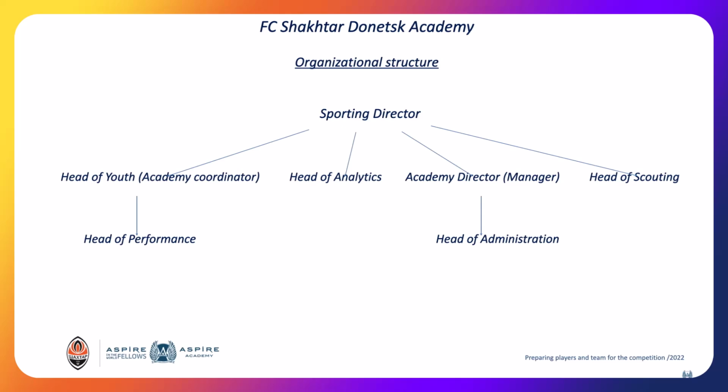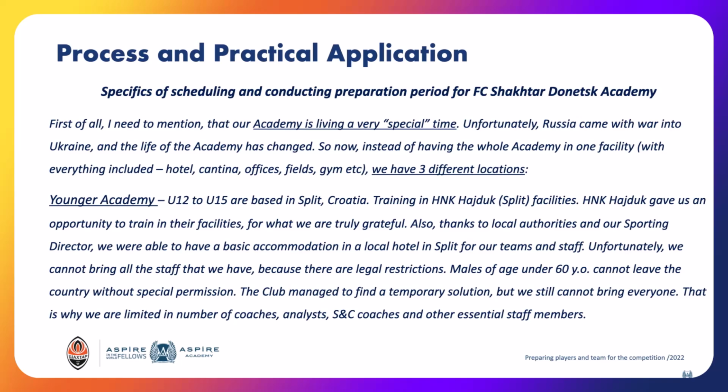The organizational structure of the academy itself. Each year we have some changes in the organizational structure, but in general we have the president, who is the head of the heads, the main actor.